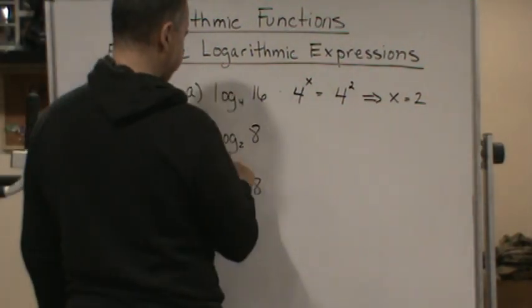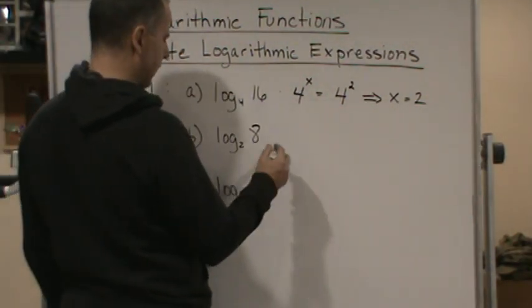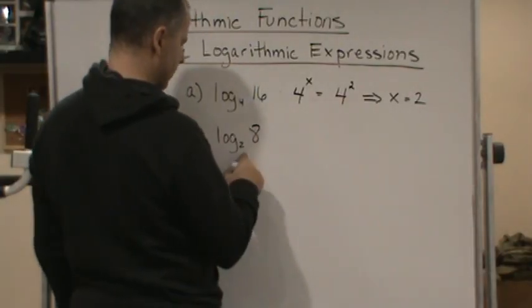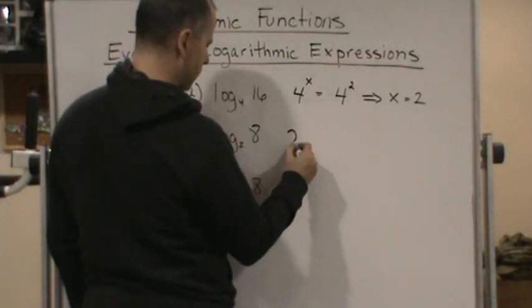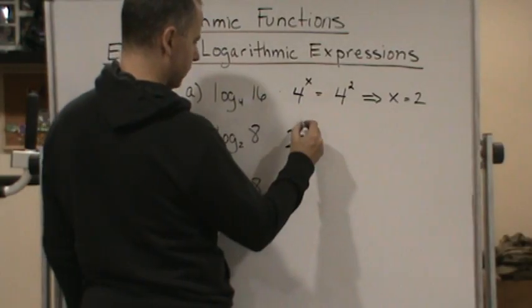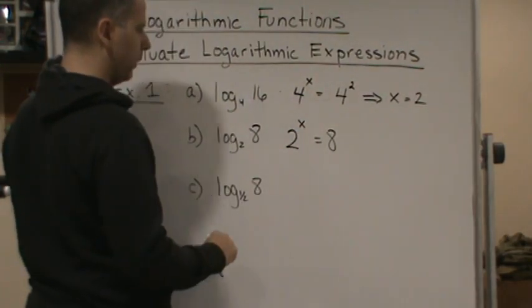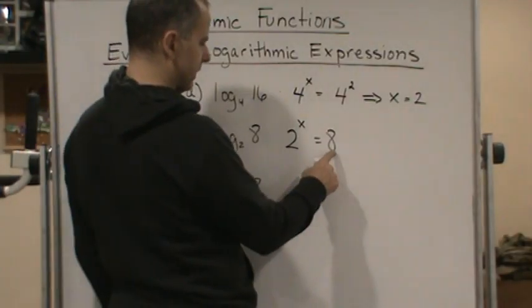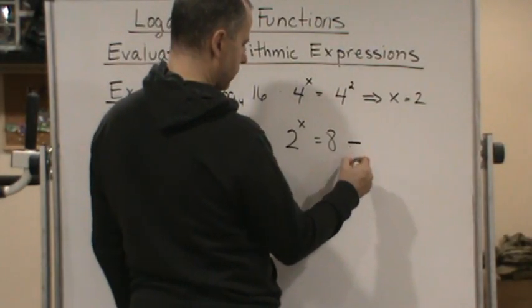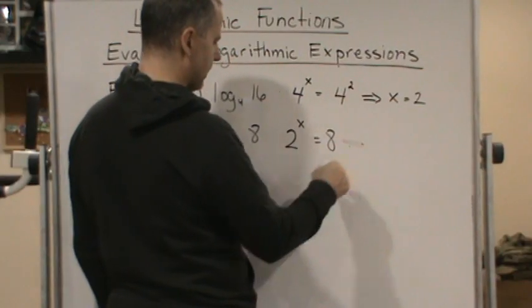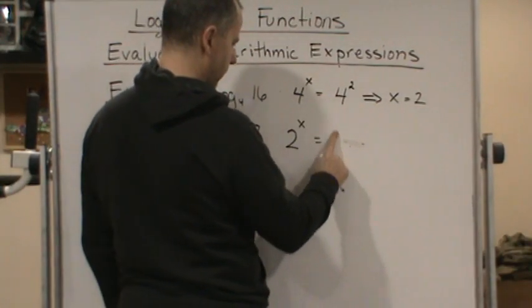Now let's do part B, log base 2. Again, I would write this as: 2 to what power equals 8? I'm going to rewrite this with the same base, 2.